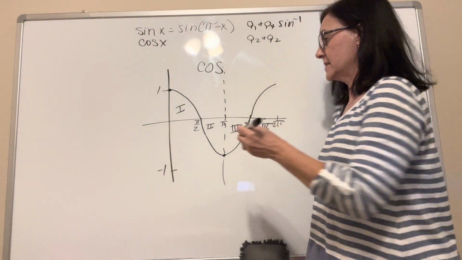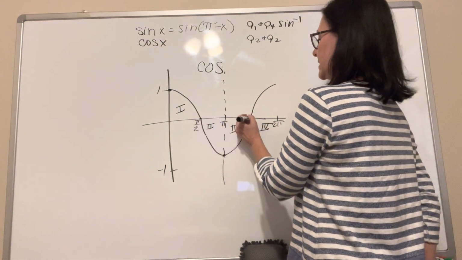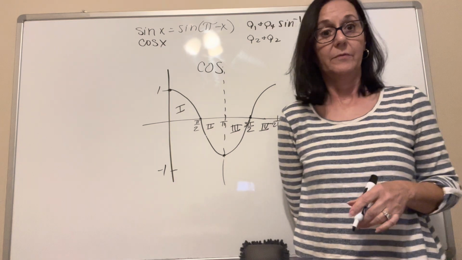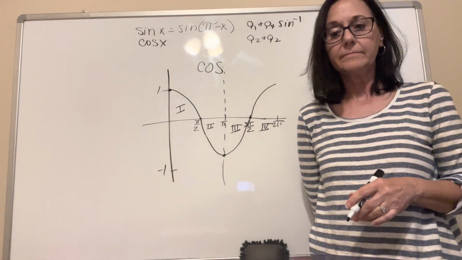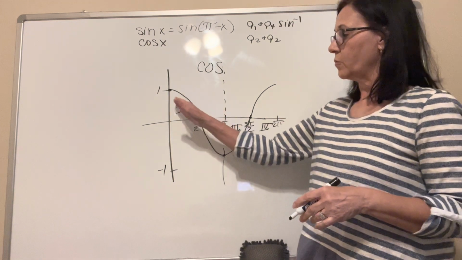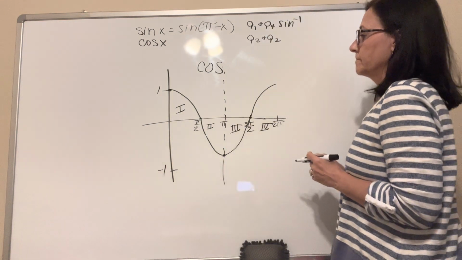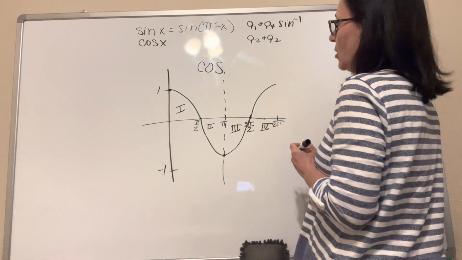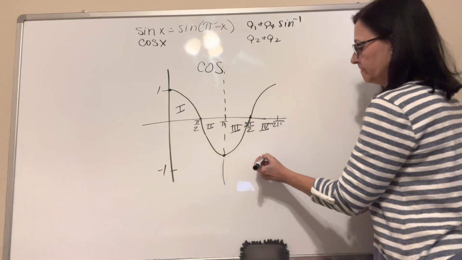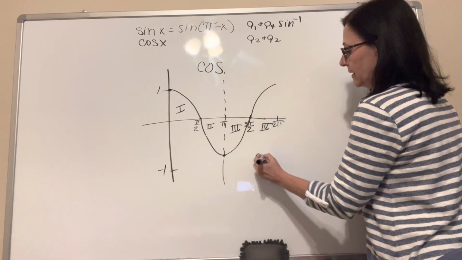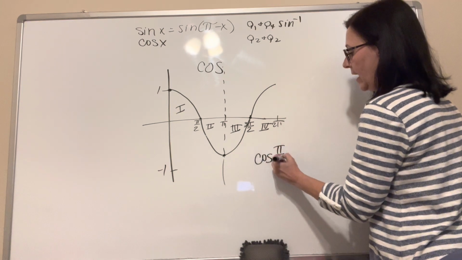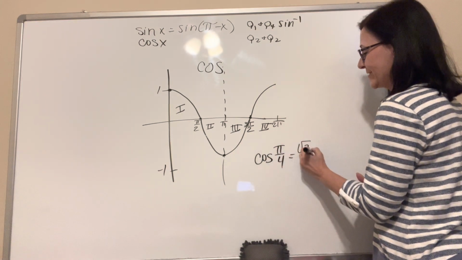It is 0 at 2 points, and the distance is pi between them, right? Now, let's say the cosine of pi over 4 is the square root of 2 over 2.